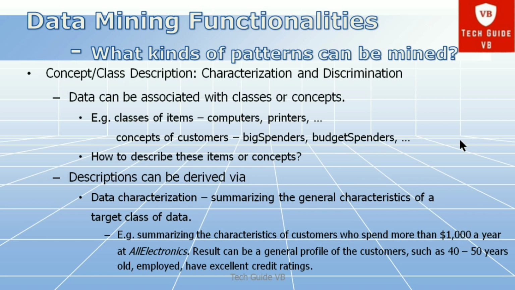These are some examples of classes and concepts. Then how to describe these items or concepts? We can describe these items or concepts with the help of data characterization and data discrimination.